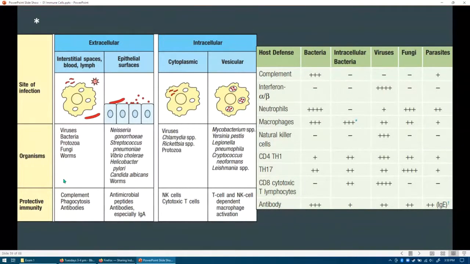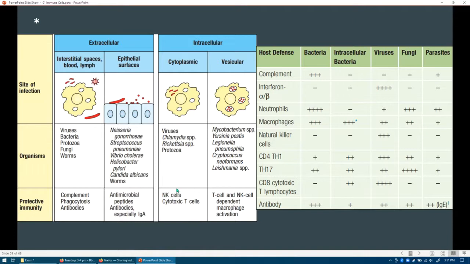So this is a sort of summary of the different kinds of pathogens that can cause you to die, or just can cause you to be less evolutionarily fit for survival. There are pathogens that exist in the interstitial space, blood and lymph. Those are taken care of with different mechanisms than those on epithelial surfaces.